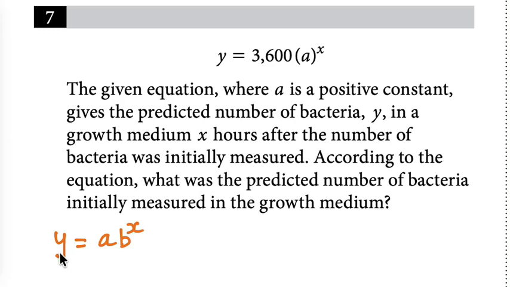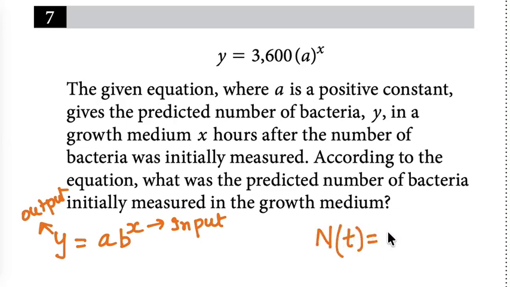So here, this is a function of x, so this is the output, right? And this x is the input. Whatever input you are going to give it, according to that the output will be calculated. And in this question, it is about the number of bacteria, right? So the number of bacteria after time t is equal to 3600 a to the power t. That is about the number of bacteria.